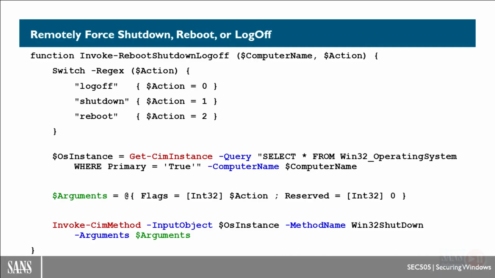So logoff, shutdown, and reboot, those strings are regular expression patterns. They're very simple regular expression patterns, but nonetheless, they are legal patterns. So whatever's inside the action variable is going to be compared against each of these regex patterns. And if the regex pattern matches, then you execute the following block of code.